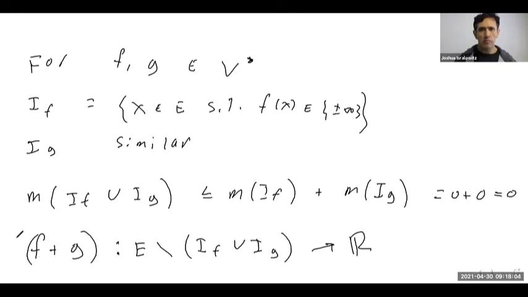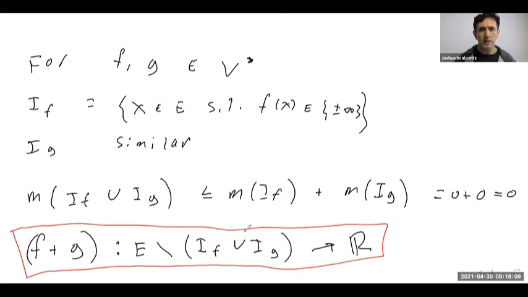So the point here is that on this set here, f plus g is real valued. Technically, it spits out real numbers, and that's all this means here. Okay. Right.